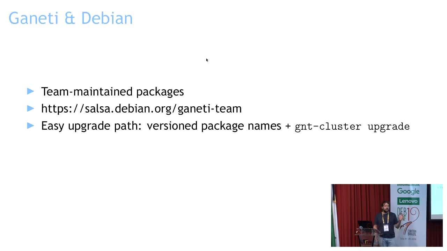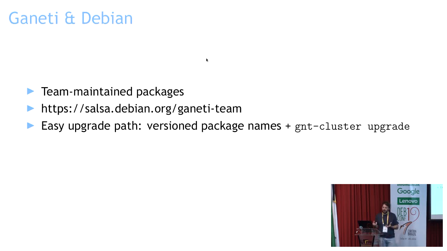Ganeti has a compatibility promise that says that nodes with the same minor version, so 2.15.1 and 2.15.2, should be interoperable. But we break the APIs with minor versions. So 2.16 is not runtime compatible with 2.15.